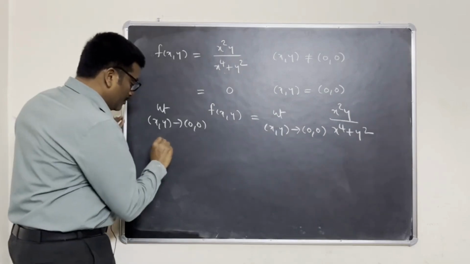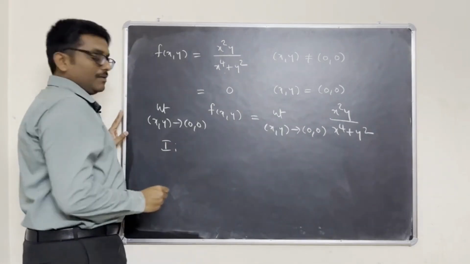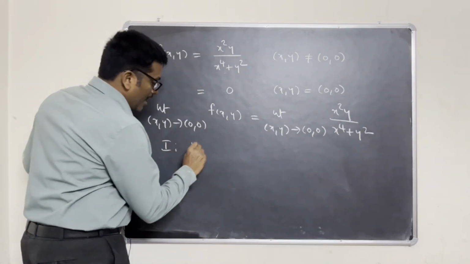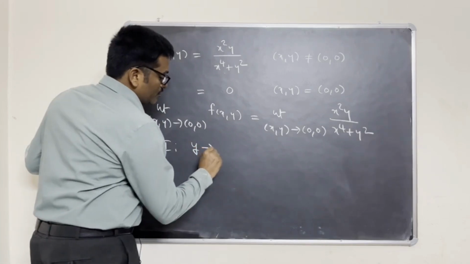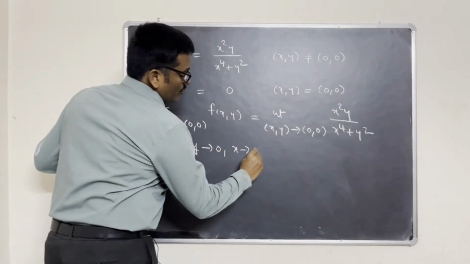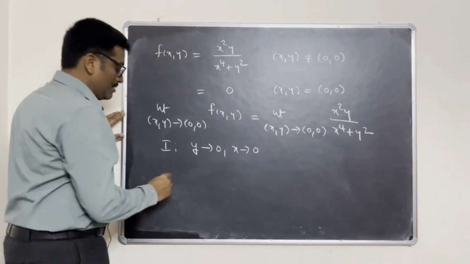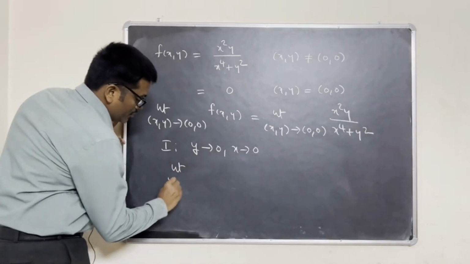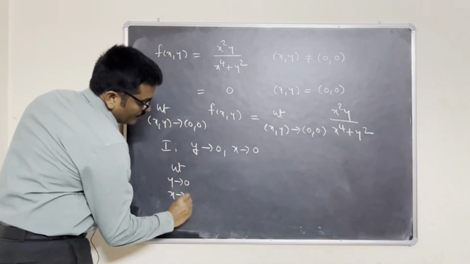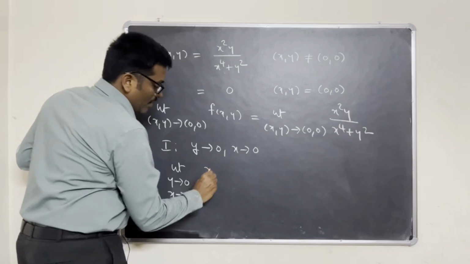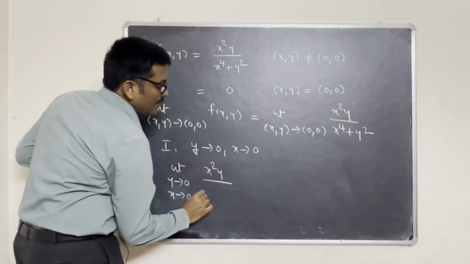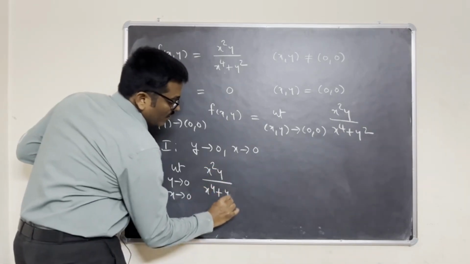Along path 1, if we evaluate the limits, path 1 means first we have to consider y tends to 0, then x tends to 0. Limit y tends to 0, x tends to 0, x square y by x power 4 plus y square.